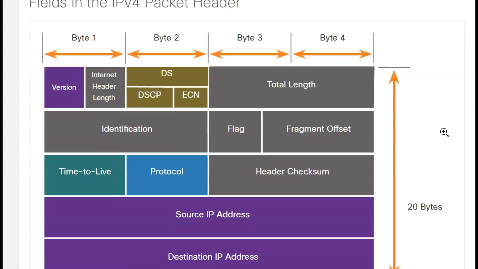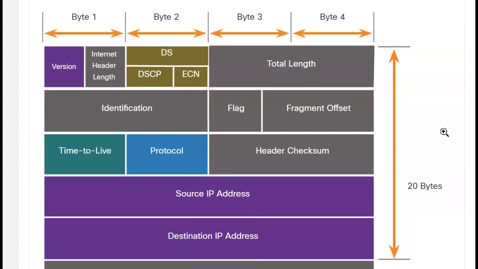How long can this packet live? You don't want these packets to live out there forever. Which protocol is it, IPv4, IPv6? Is the header correct? And then, of course, the two key ones are the source IP and the destination IP addresses.